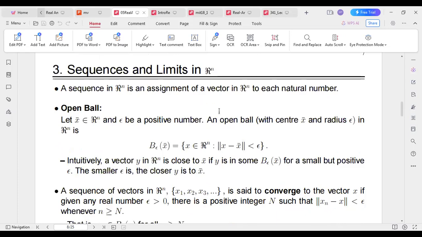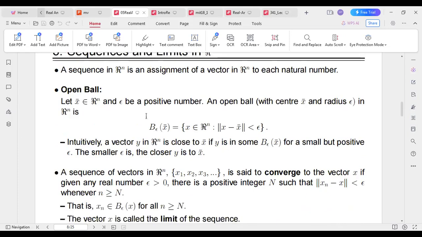Now, a sequence in Rn is an assignment of a vector in Rn to each natural number. Now, what is an open ball? Let x bar belong to Rn and epsilon be a positive number, which is very small.